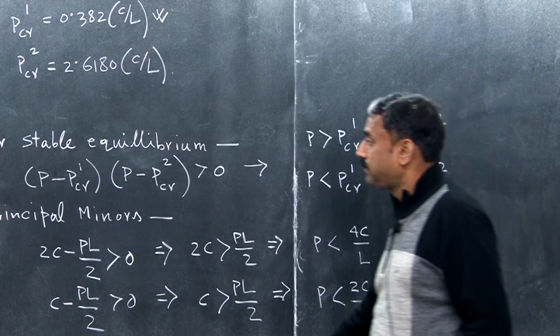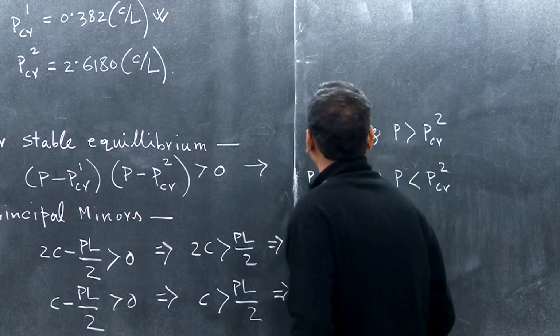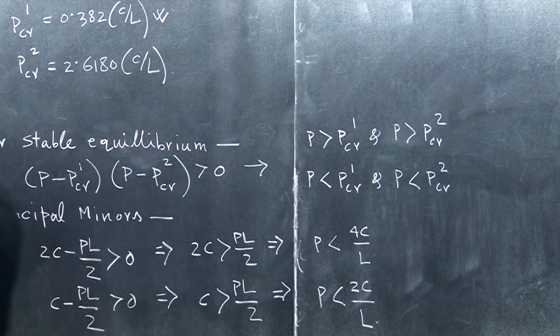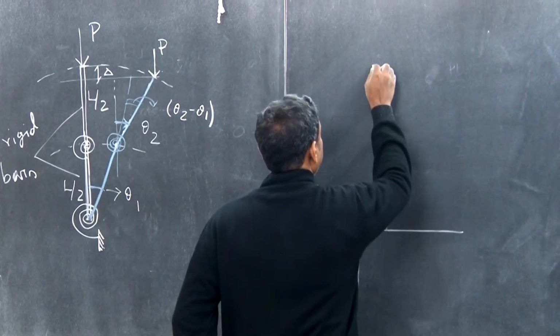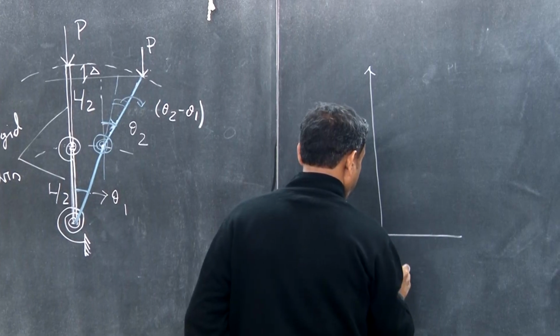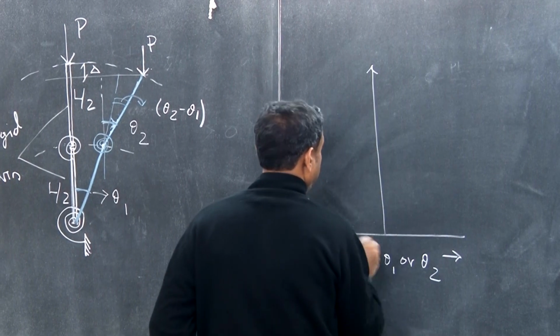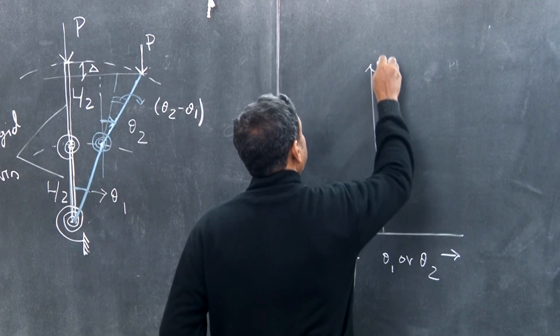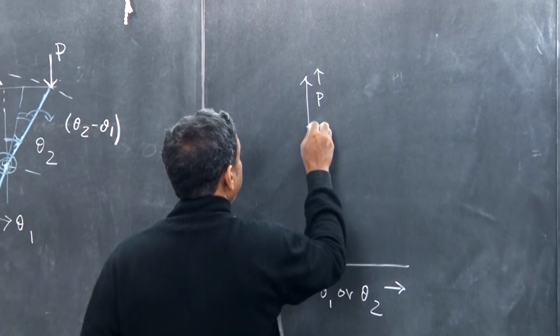So, I will just draw a diagram here now that I am removing this. This is theta 1 or theta 2, both. Either you can go this and this, okay. So, I am drawing P. There is 2 PC, this is PCR1, PCR2, right?